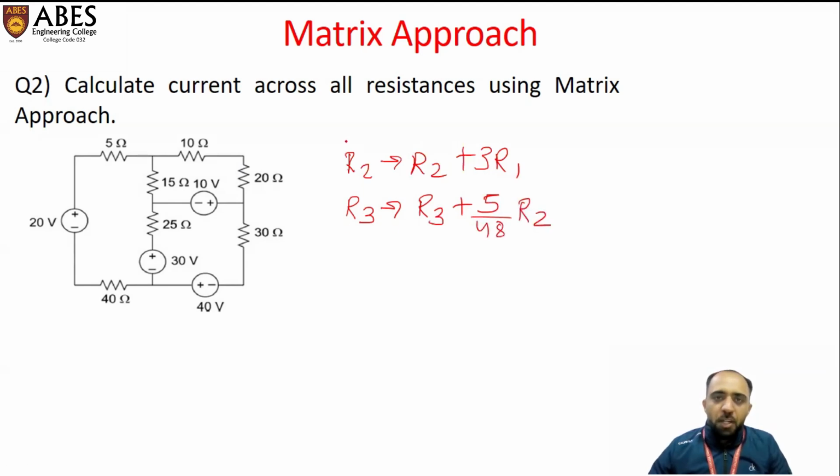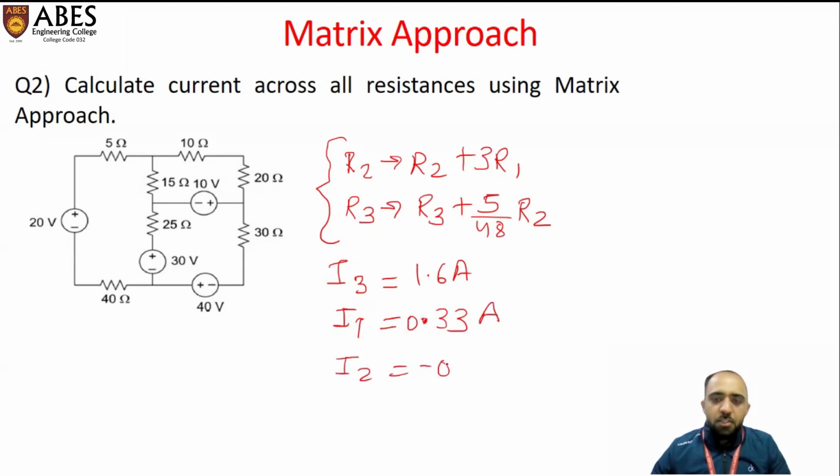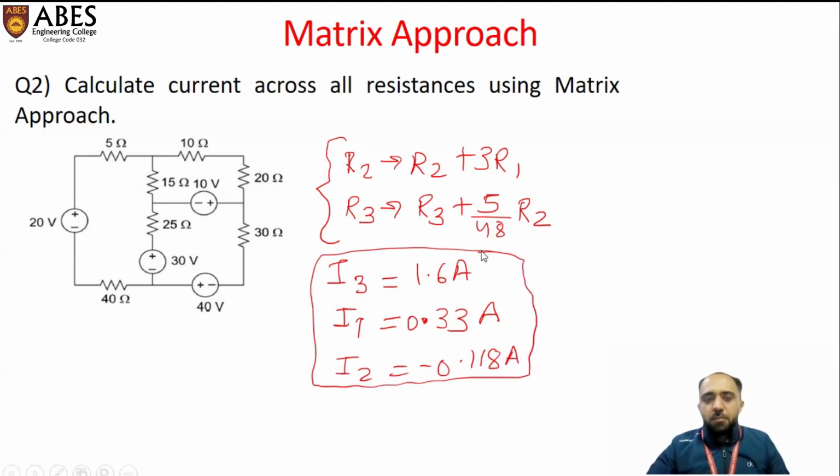So applying these operations, we can find the value of I3 as 1.6 ampere, then I1 is 0.33 ampere, and I2 will be minus 0.118. So this is the approach of solving a circuit using matrix method.